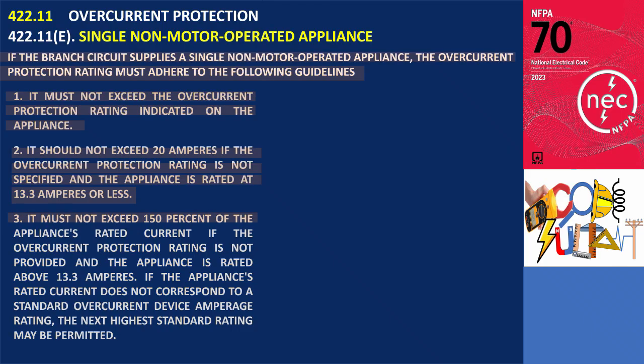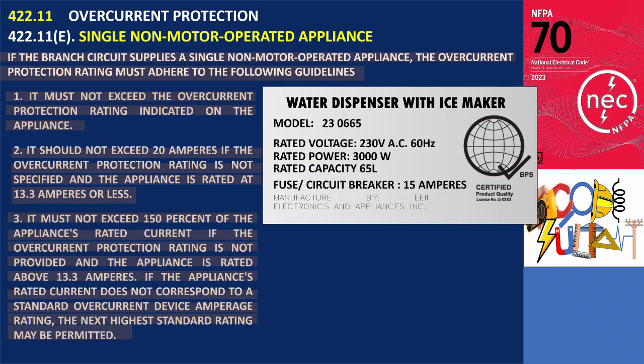It must not exceed 150% of the appliance's rated current if the overcurrent protection rating is not provided and the appliance is rated above 13.3 amperes. If the appliance's rated current does not correspond to a standard overcurrent device amperage rating, the next highest standard rating may be permitted. To illustrate the process of determining overcurrent protective devices, let's consider a few examples.